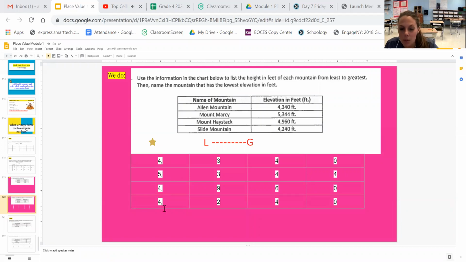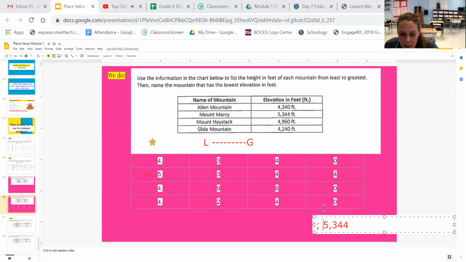Well, the smallest number is 4, but I see 3 of them. So we've got to take a closer look here. That doesn't really help me. But what I do know is 5 is the biggest. So I'm going to put this over on this side because I know it's the biggest. So I'm going to put 5,344 because that's the biggest one.